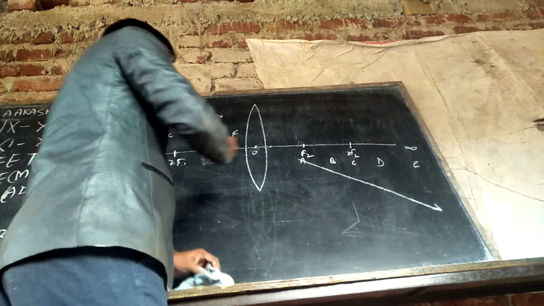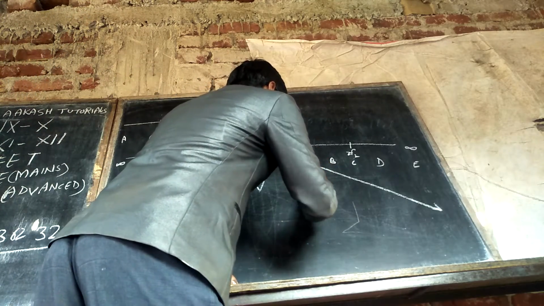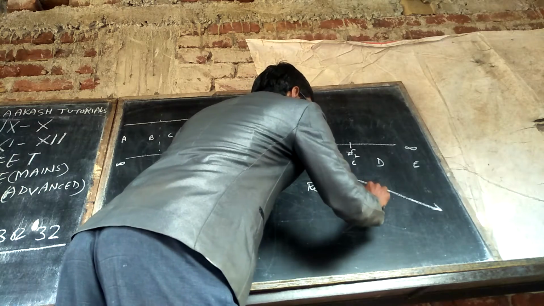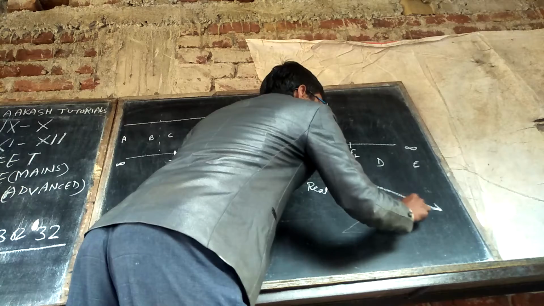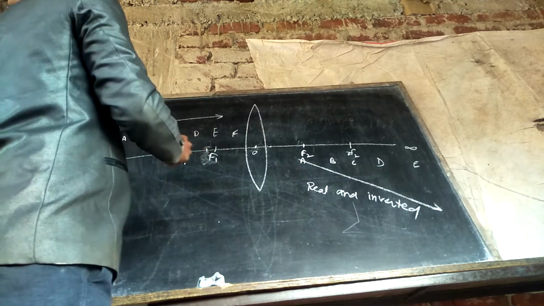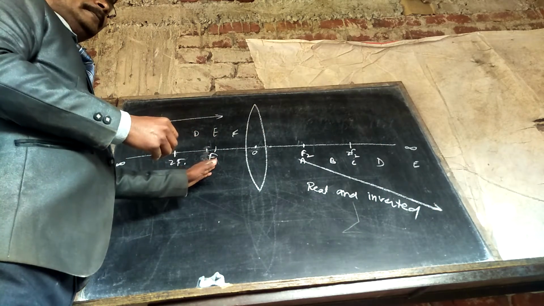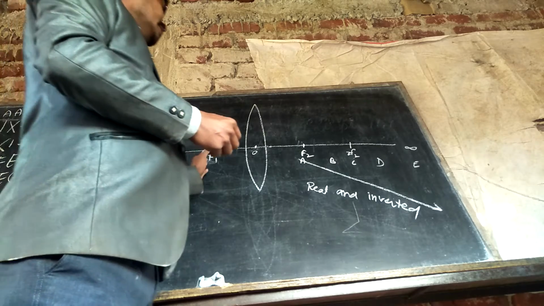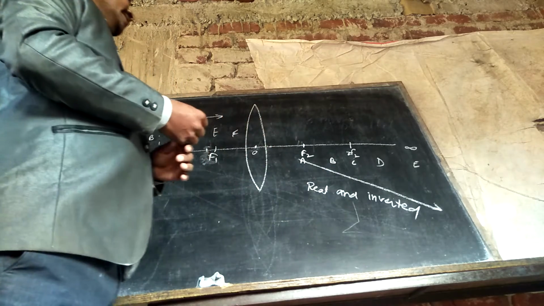Again, about nature. All the images will be real and inverted if the object lies between infinity and f1. Had the object been between infinity and f1, all the images will be real and inverted.